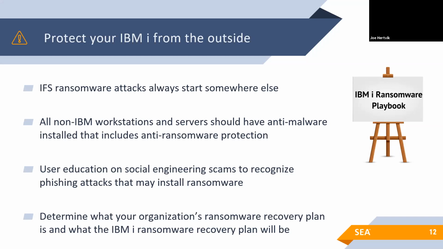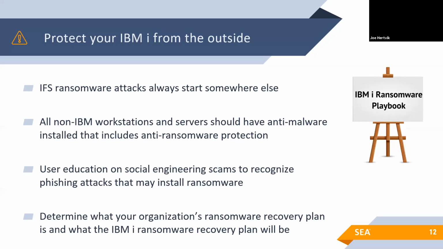The other thing you want to do is determine what your organization's ransomware recovery plan is. If you were like me and you were doing the network and the IBM i, you might be the person in charge of it. If you're just doing IBM i security from ransomware, consider working with your network people, see what they're doing to stop ransomware, use that as a basis and come up with your own IBM i recovery plan.